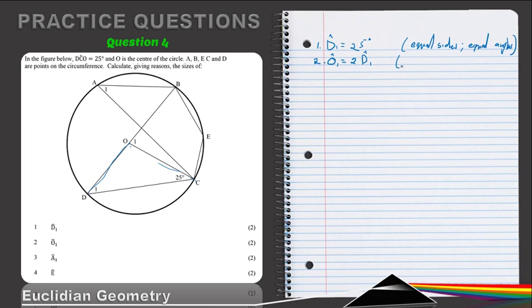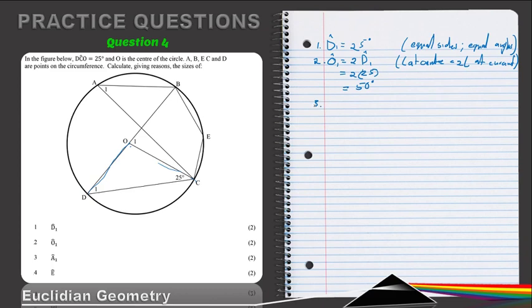And our reason is angle at center is equal to 2 times angle at the circumference. So it's going to be 2 times 25, so this is going to be equal to 50.